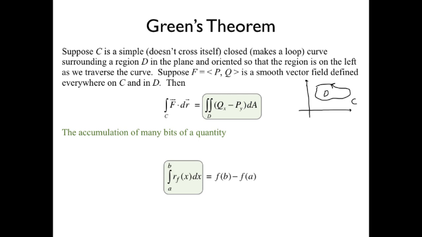So we got the accumulation of many bits of a quantity. We want to think of that in Green's theorem as our double integral, and we're going to talk about that in a second. We know in Calc 1 that that's the integral side, right? And how is each little bit calculated? Each little bit is calculated how?